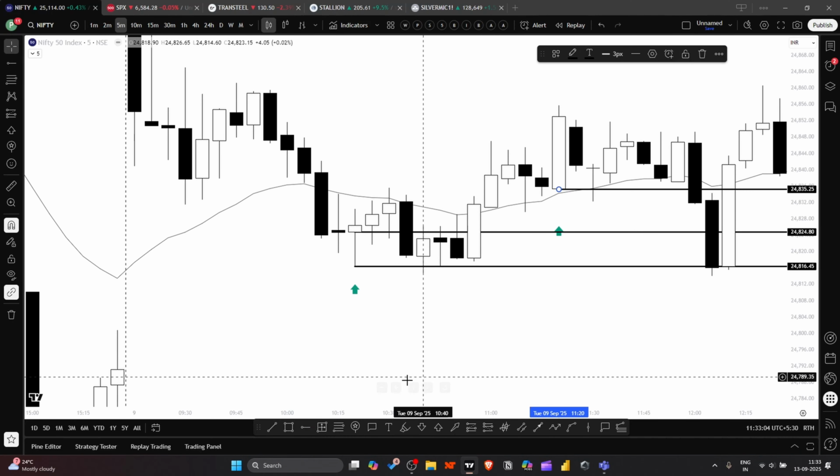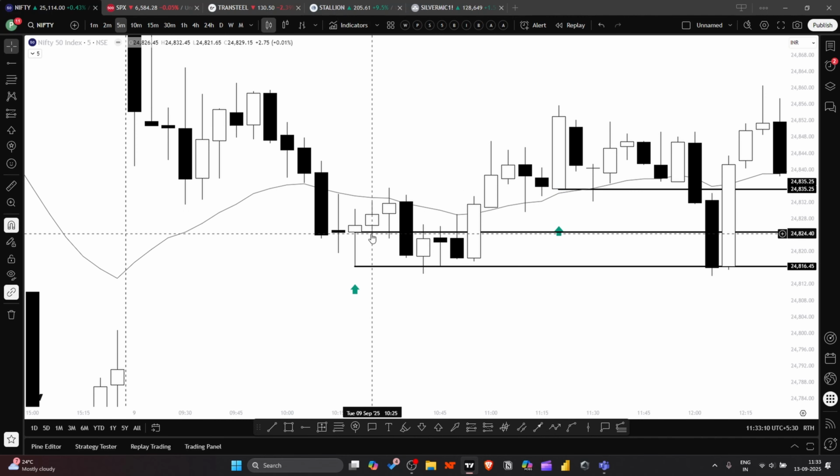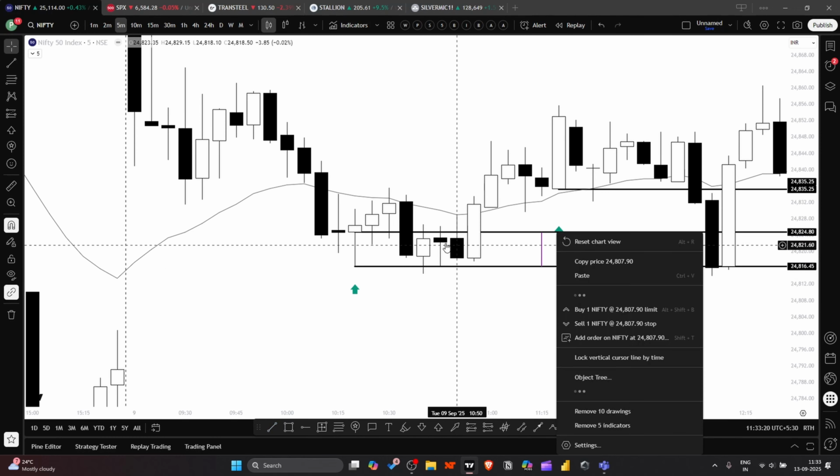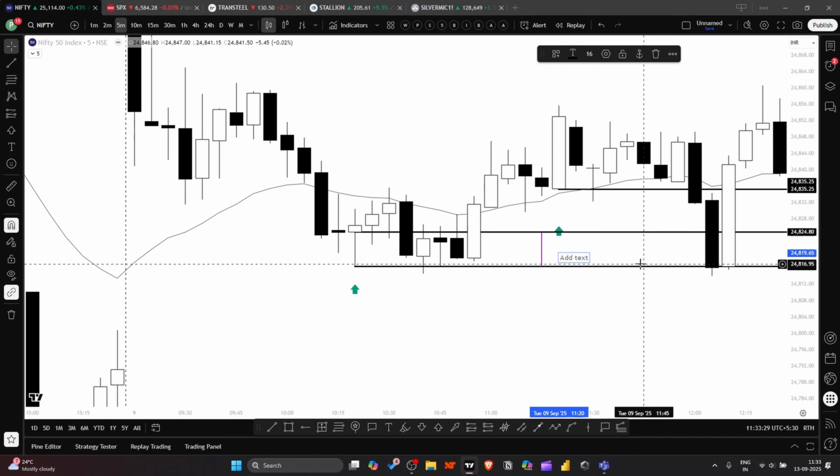For this candle, this was the open and the low was only 10 paisa below, so it will be a similar price. We call this the tail. This distance, from open to low of a bull candle, is called the tail.